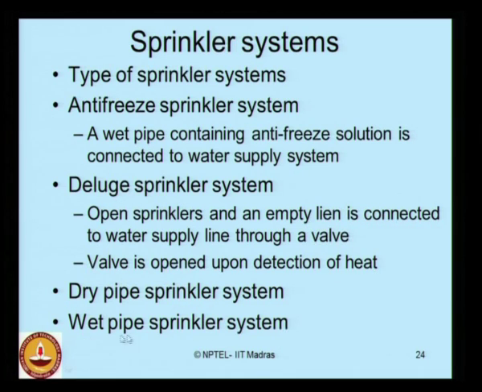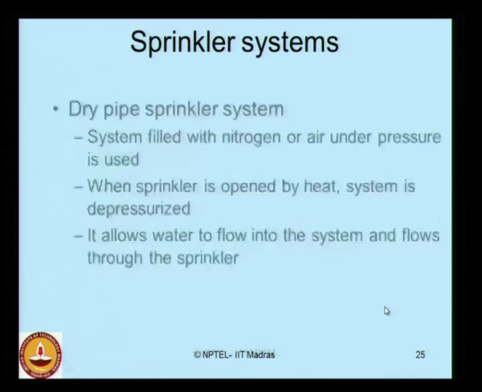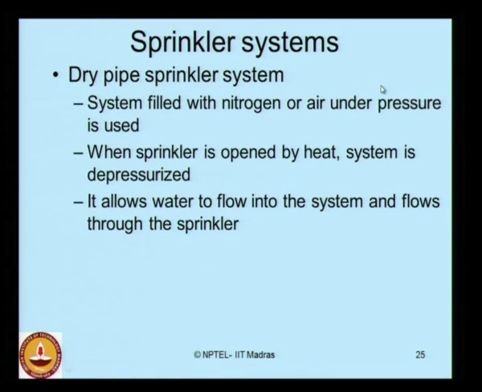In the wet pipe sprinkler system, the pipe will always be loaded with water which is supplied from the overhead tank on the sprinkler system network. In the dry pipe sprinkler system, the system is filled with nitrogen or air under pressure. When the sprinkler is opened by heat, the system is depressurized. It now allows water to flow into the system and through the sprinklers attached to the system.